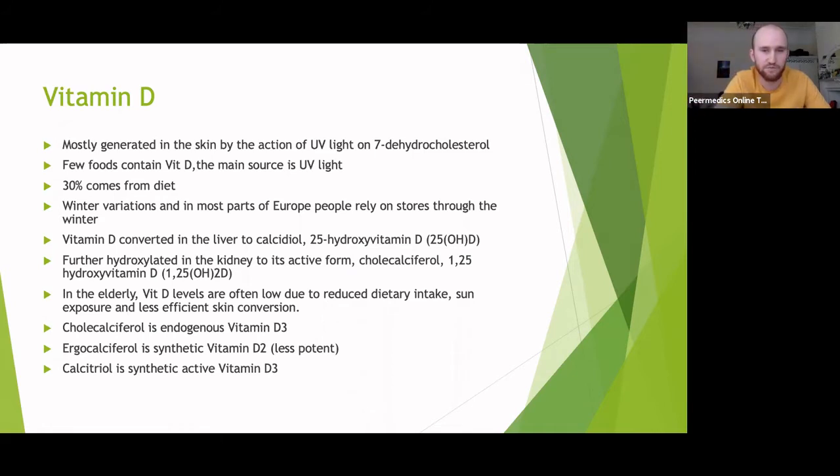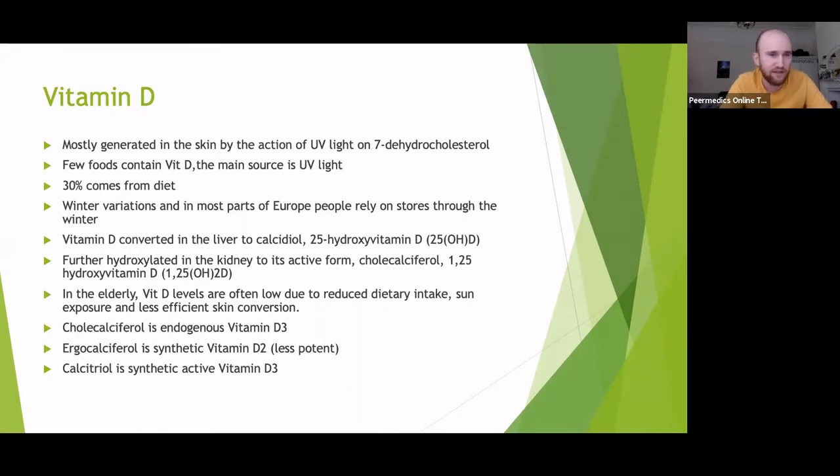We rely on stores from the summer, and most of our vitamin D actually comes from UV light. So 70% from UV light and 30% from diet. Diets such as fish, milk, and other dairy products, that's where it mostly comes from. And then there's that process of production and then hydroxylation for it to become its active form.